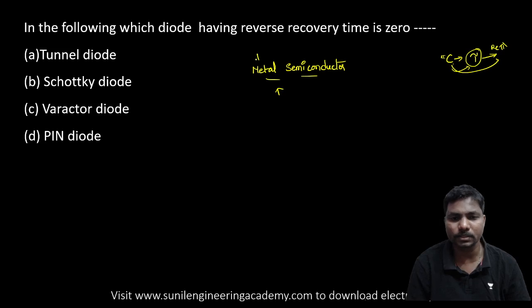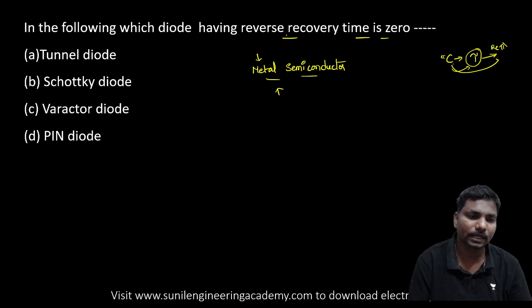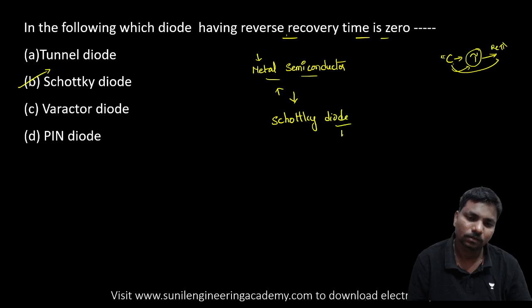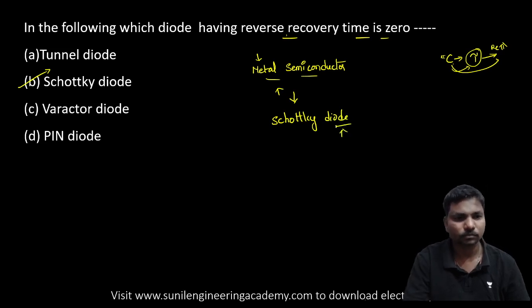Metal means only electrons, no holes. So there is no possibility of capacitance, and the time taken is also very less. So reverse recovery time is very less in the case of a metal semiconductor diode, that is nothing but the Schottky diode. Very important question, guys.